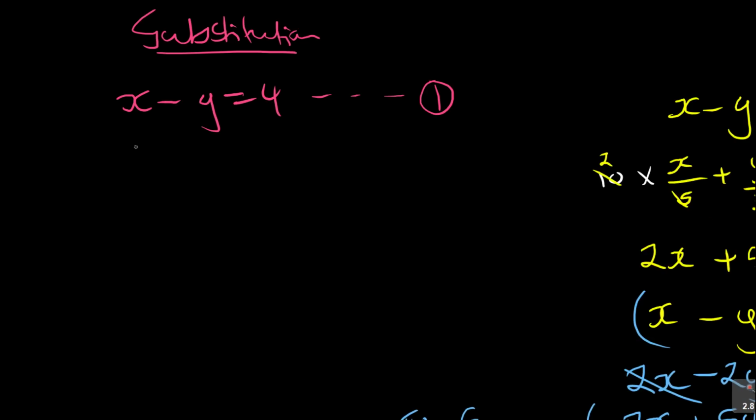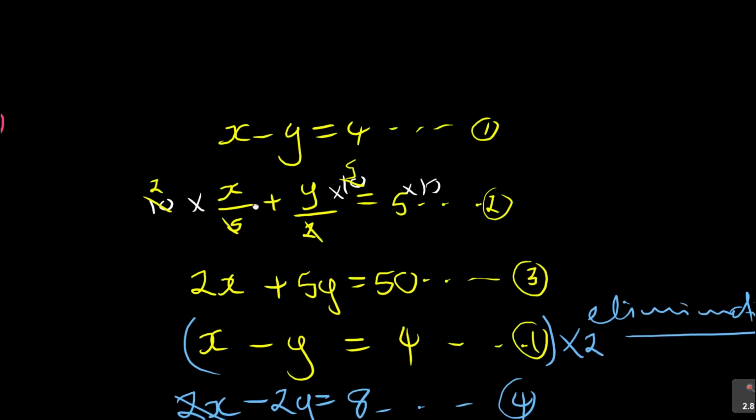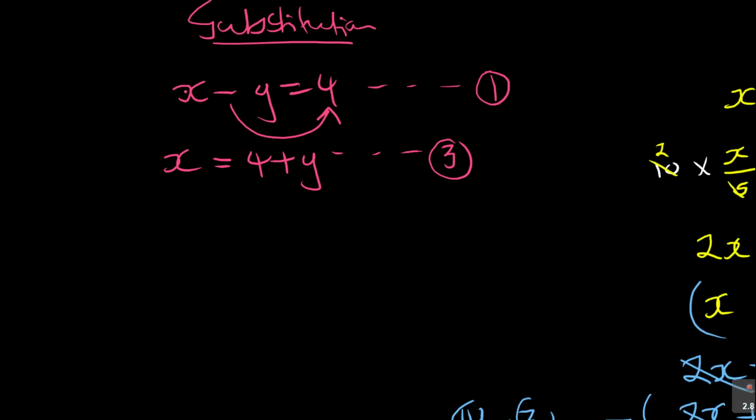From equation 1, I can make x the subject. So x is equal to 4, now minus y becomes plus y. I'll call this equation 4.